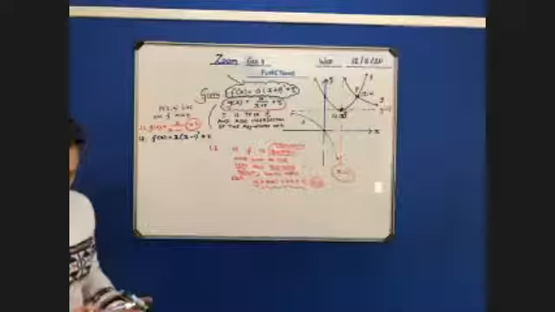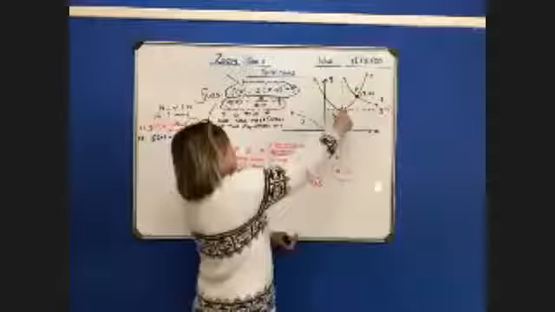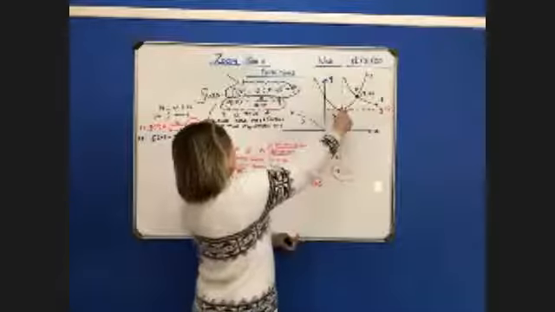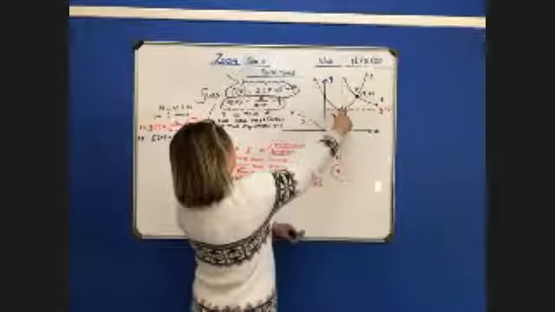What do they say? 1 unit to the left. Therefore, the x value, which is the symmetry, will go on your y-axis. But they said and 2 down. Now, because the y value is 2, bring it down, the point will be 0, 0.